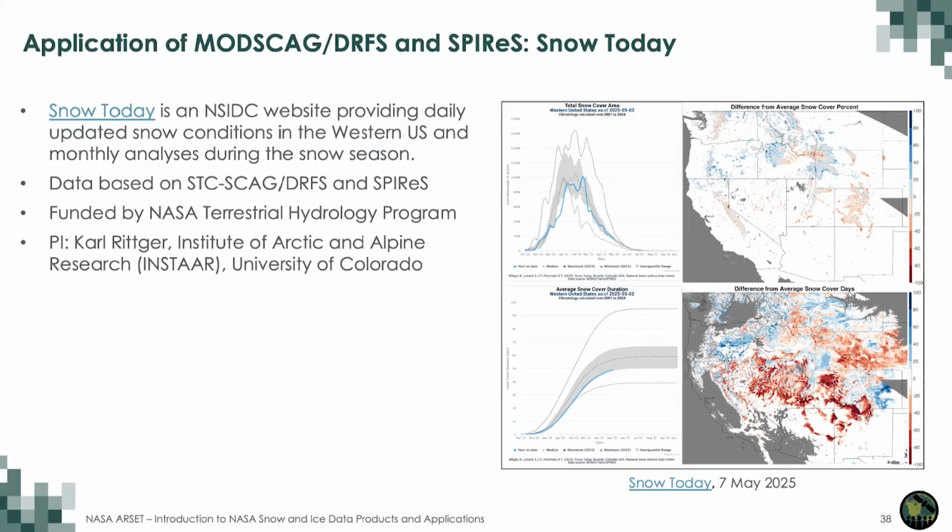Funded through the NASA Terrestrial Hydrology Program, and Carl Richter at INSTAAR in the University of Colorado leads this. And so this is updated through the winter season. Images are updated every day, and then there's also analyses published about once a month on how this is put together. And this again will be talked about more by Carl in part 3.